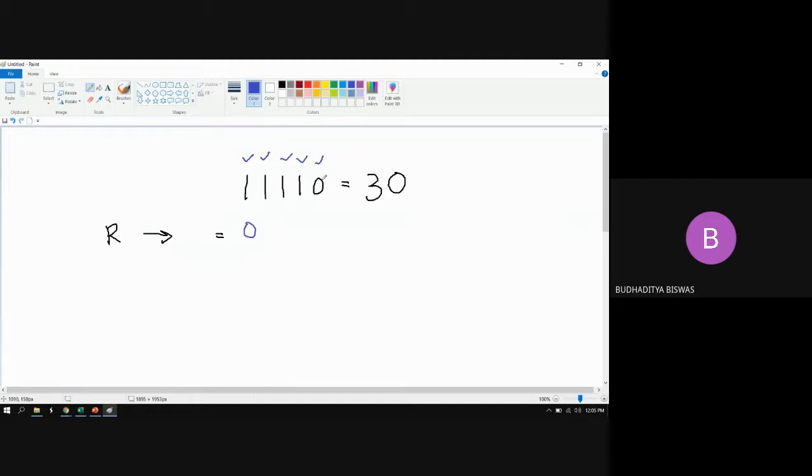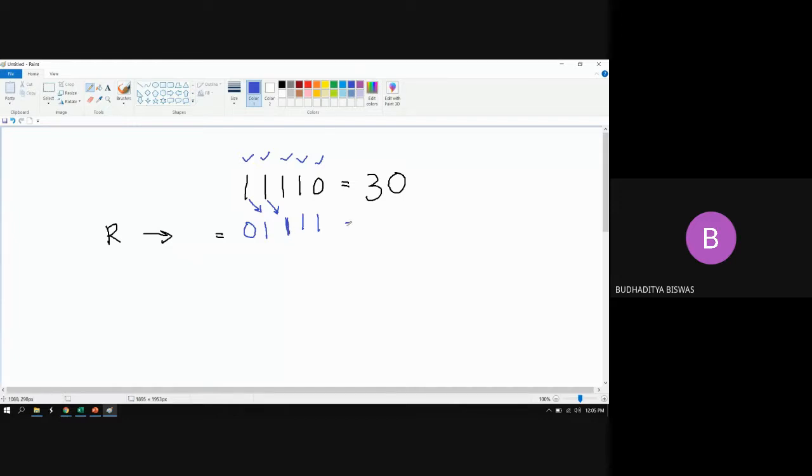You have to fill something in these 5 positions. As the data are shifted towards the right, the first position should be filled up by 0. Then this one is shifted to the next position, and this last 0 is gone. So now the shifted data becomes 0, 1, 1, 1, 1.